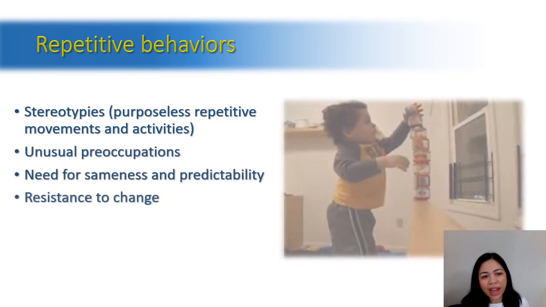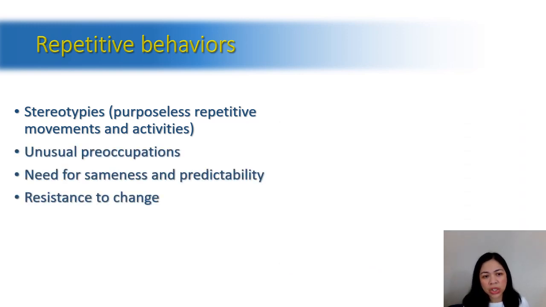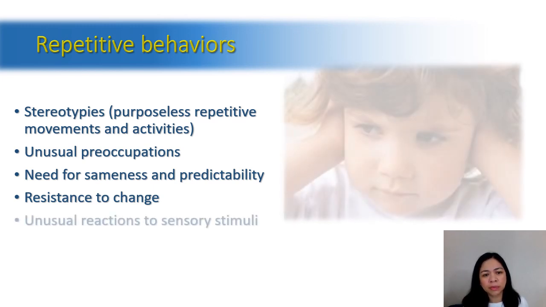They can also have unusual preoccupations, and they have this need for sameness and predictability. They often like to line up toys, pile objects, or group together certain types of things or colors. They often resist change. If they have routines, they get upset if their routine is not followed.